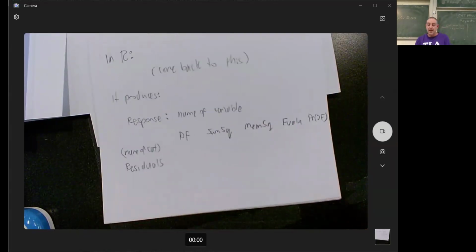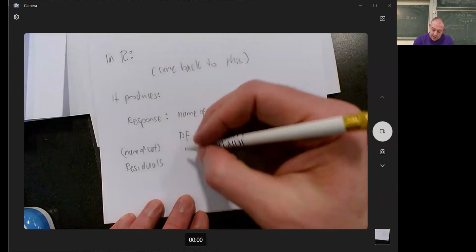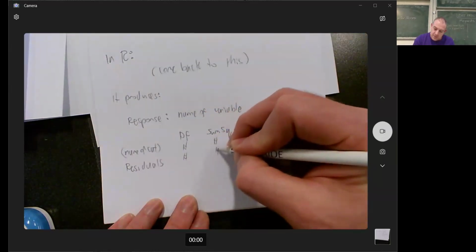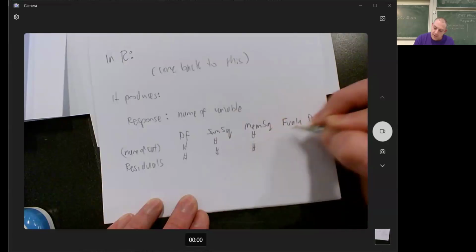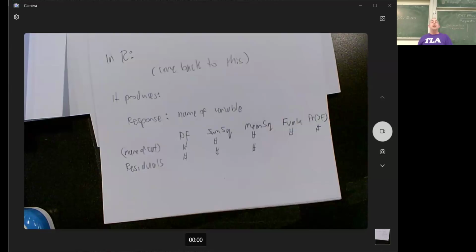It'll have a table that looks like that, with numbers in all of these positions. It will spit out this sort of thing.